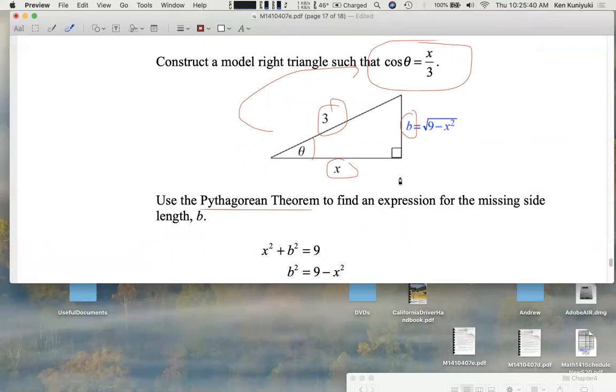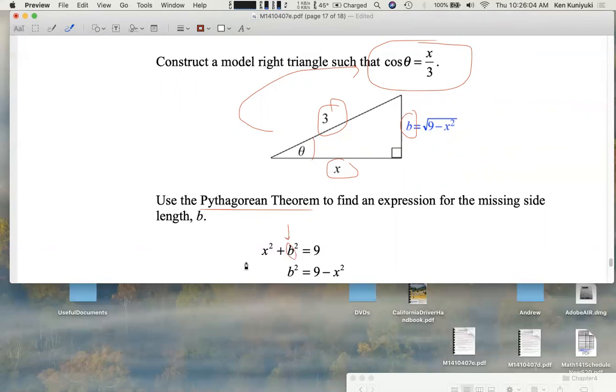Again, people might be tempted to isolate x squared or b squared on one side because they feel like it, but no, it's not that easy. X squared plus b squared equals 9. And we ultimately want to solve for b, which is buried in there. Sorry, but you're going to have to do some algebra. First, let's isolate the b squared term.